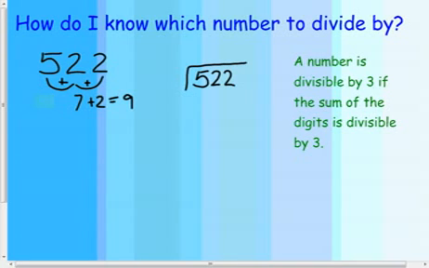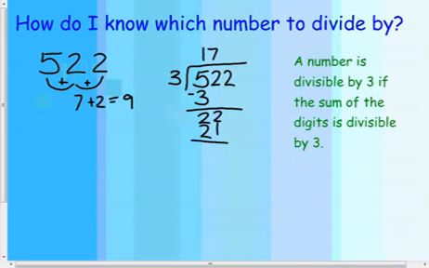522. 3 goes into 5 one time. I'm going to subtract, bring my other 2 down. 3 goes into 22 7 times. Subtract, bring down the 2. 3 goes into 12 4 times.